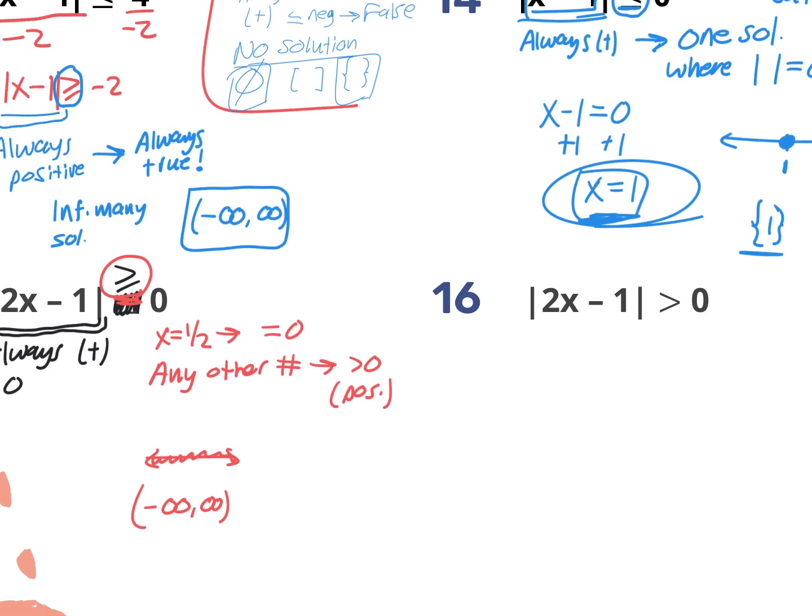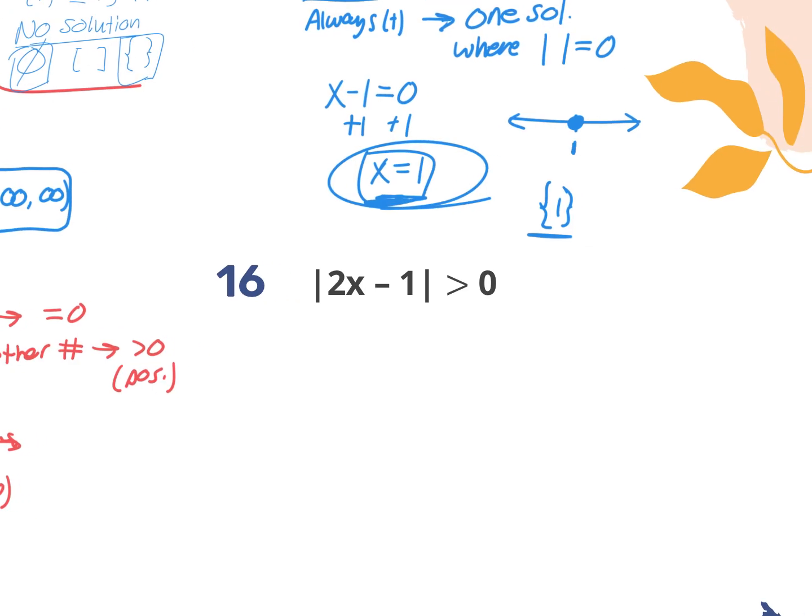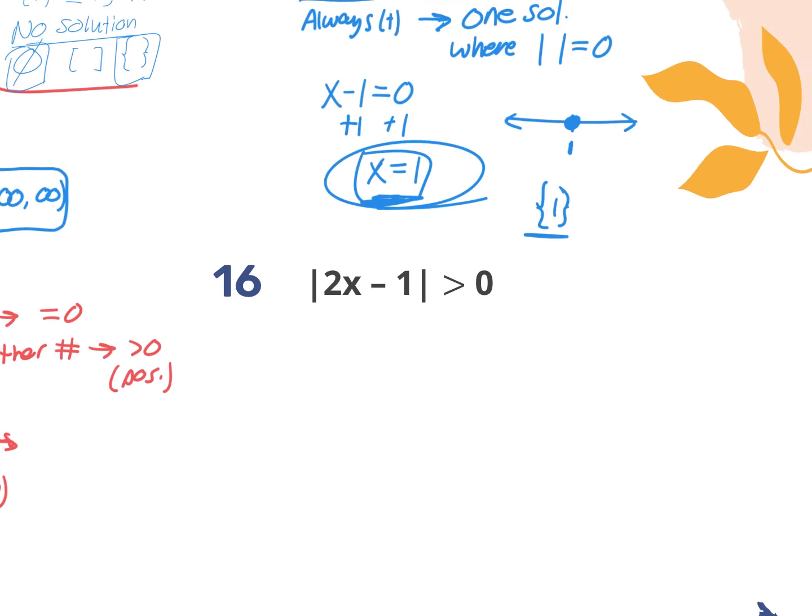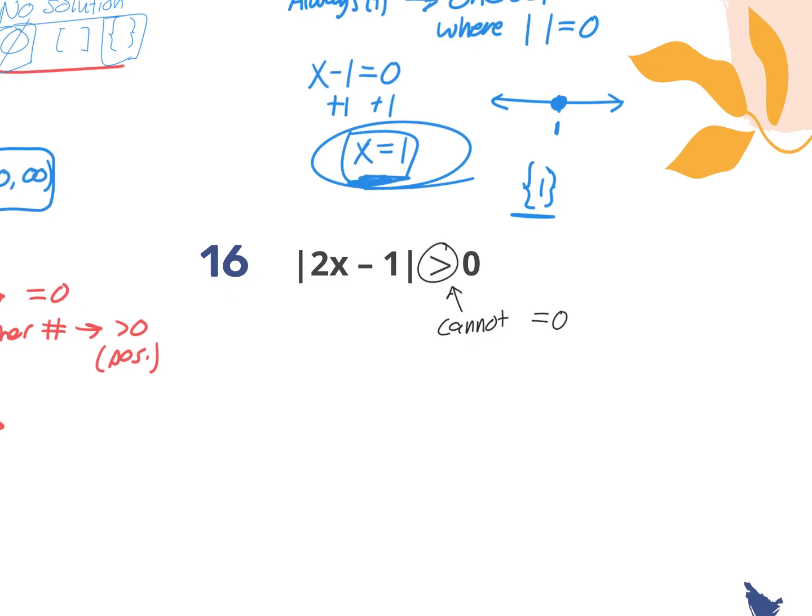Now if you tried the same exact thing, but it was a strict inequality, now this inequality is telling me that this cannot equal 0. But I can have every other number. So really this would be our entire number line just without whatever makes this 0.